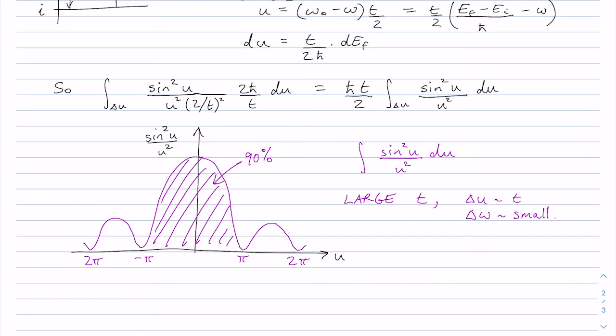The trick here is that we need to have t large enough to make this integral work, but not too large, so that P of t is still treatable by perturbation theory.